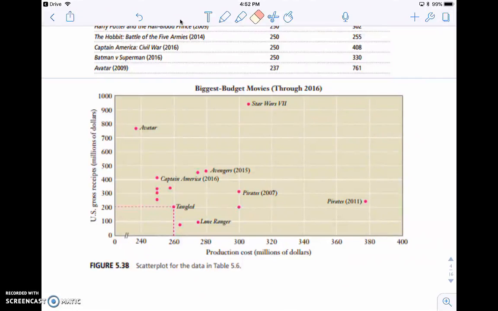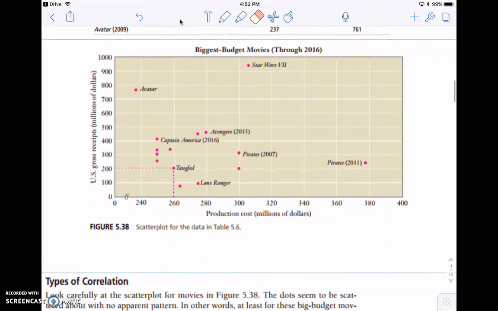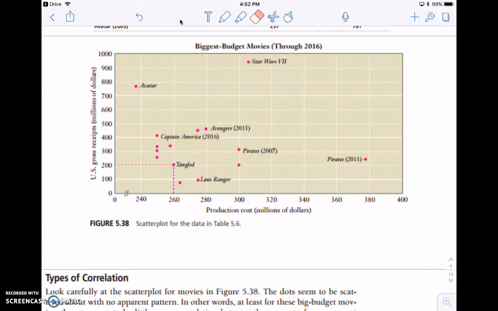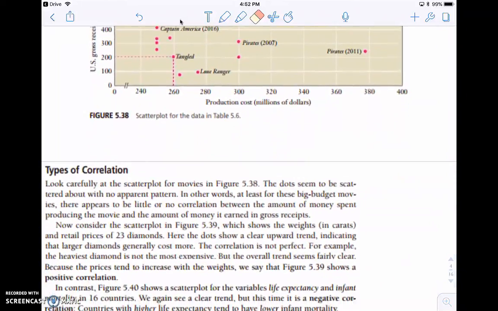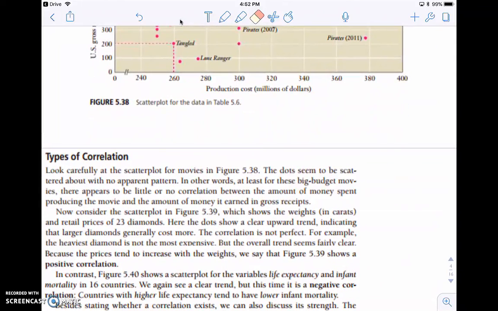But in this case, it's kind of hard to see if there is any correlation. So when we look carefully at that scatter plot of the movies and their cost and how much they brought in, there really isn't an apparent correlation. The dots don't seem to follow a particular pattern.